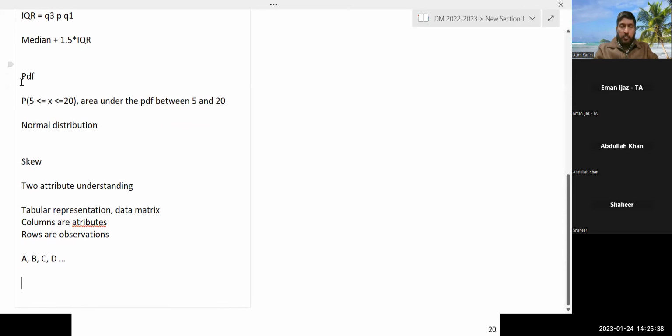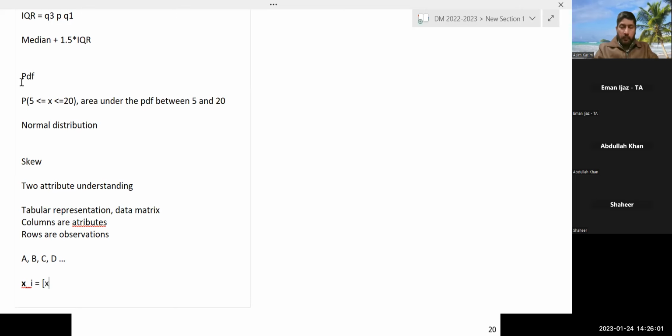So for example, for one observation, x_i, the underscore basically means a subscript. So this is a vector.